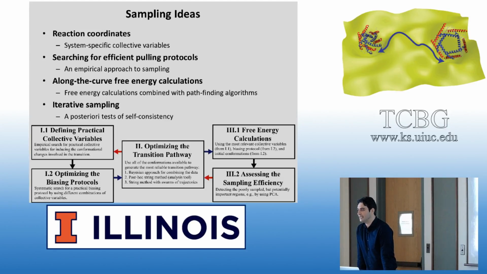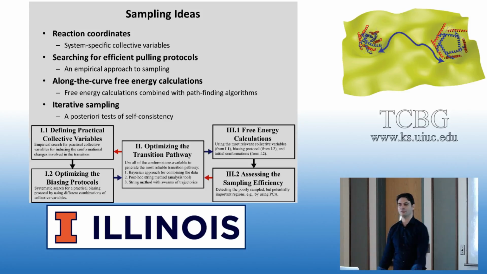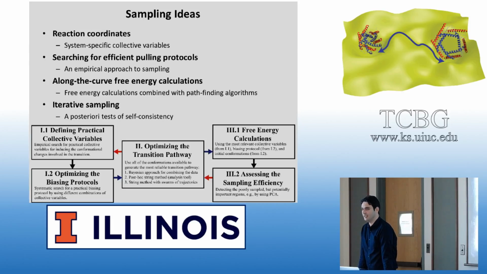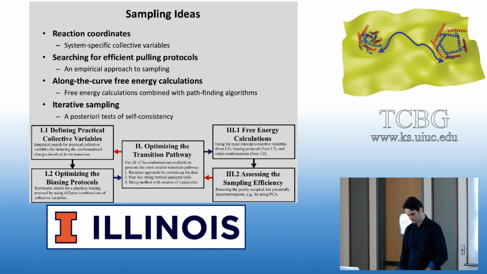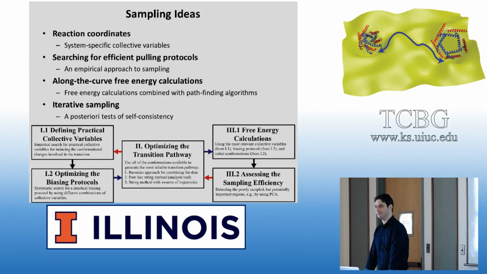If you get the wrong answer, of course you can always blame the force field, but in my opinion, most of the time if you don't get the right answer, it's because of the sampling inefficiency. Okay, so this is my first part of the talk this morning, and I will continue with more specific examples.